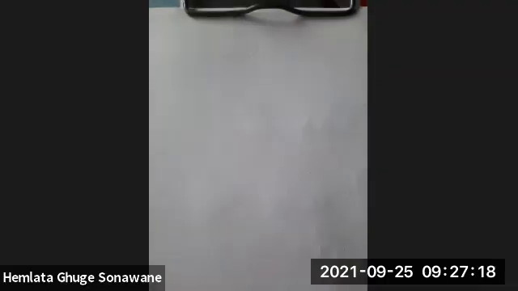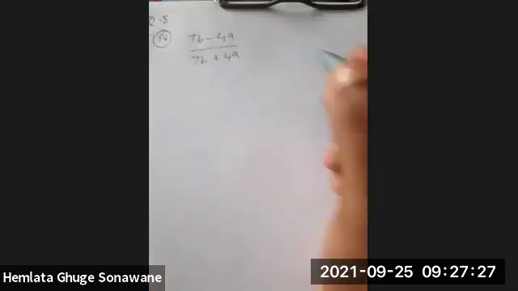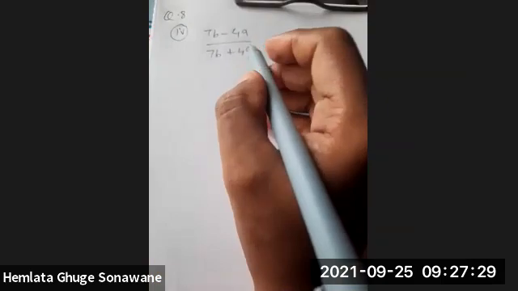Fourth example, 7B minus 4A upon 7B plus 4A. We have to find out the value of this expression.